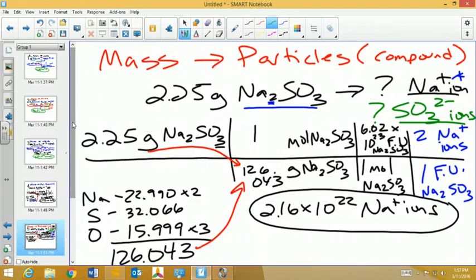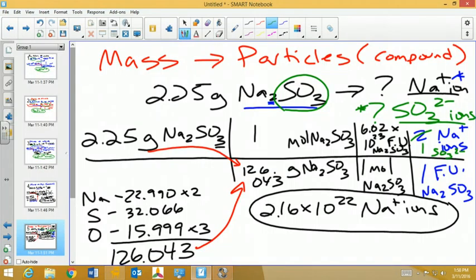If instead I wanted to know how many sulfite ions, instead of using this 2-to-1 ratio over here, since I only have 1 SO3 for every 1 piece of sodium sulfite, I would make this a 1 for SO3 2 minus.